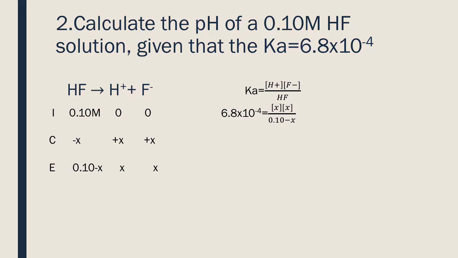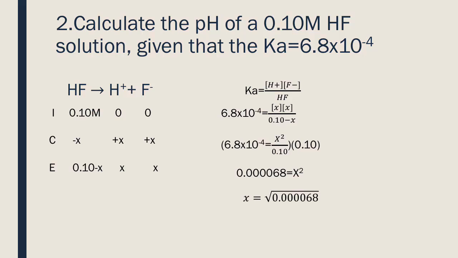We will now multiply 0.10 on both sides, and we are left with 0.000068 equals x squared. To get rid of the x squared, we will take the square root of that number. So then we are left with x equaling 8.2 times 10 to the negative 3.